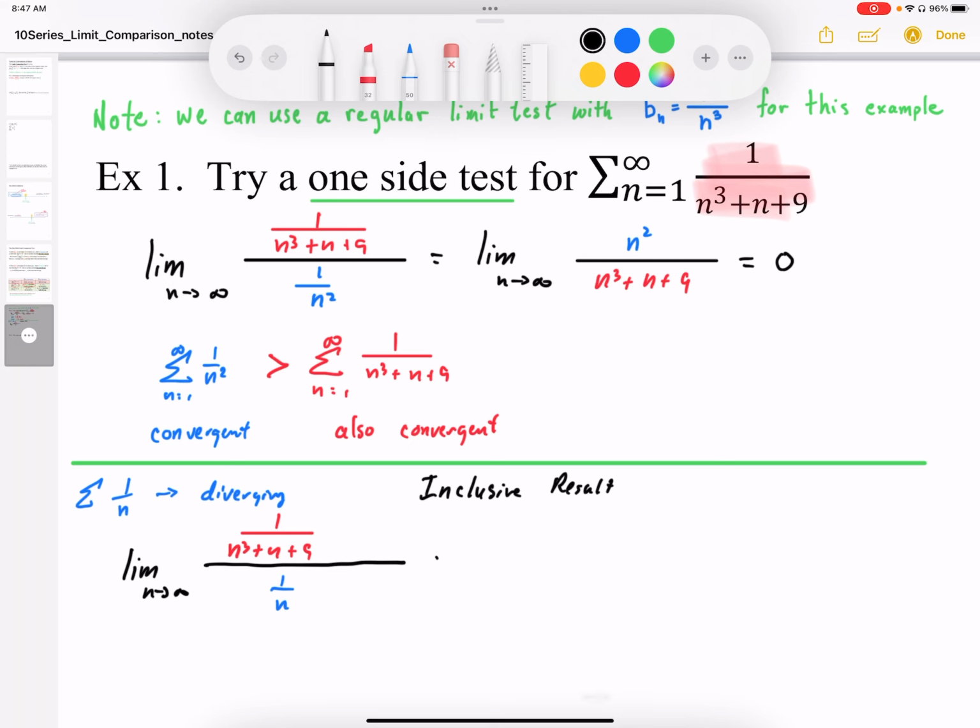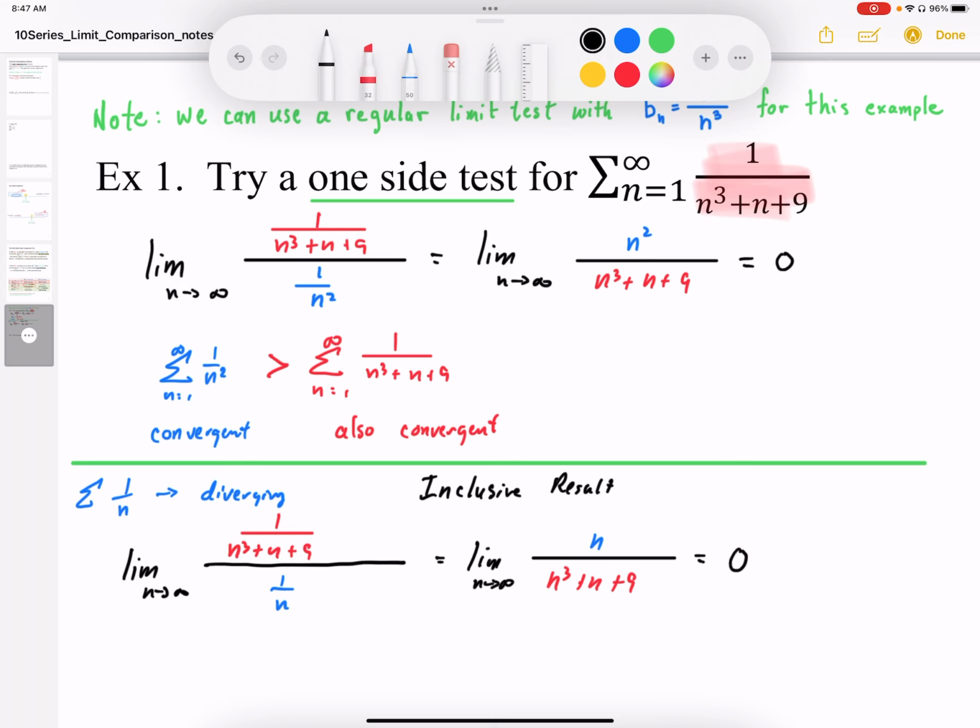Okay, so I'm going to again rearrange this. So the limit as n approaches infinity, we end up with n over n cubed plus n plus 9. We apply the limit. We have weak over strong, so this is going to be equal to 0.